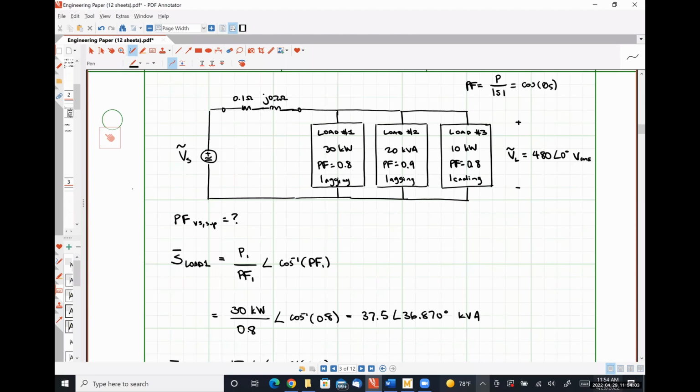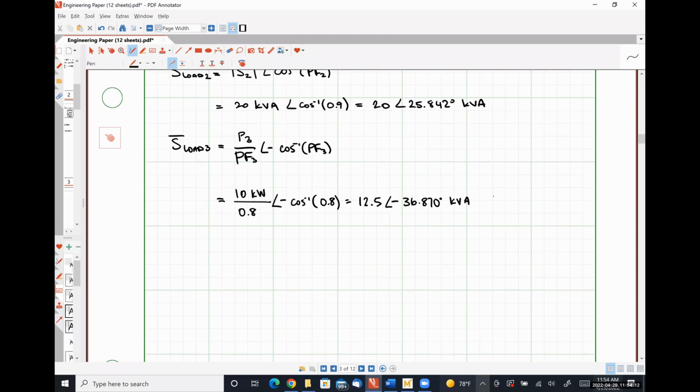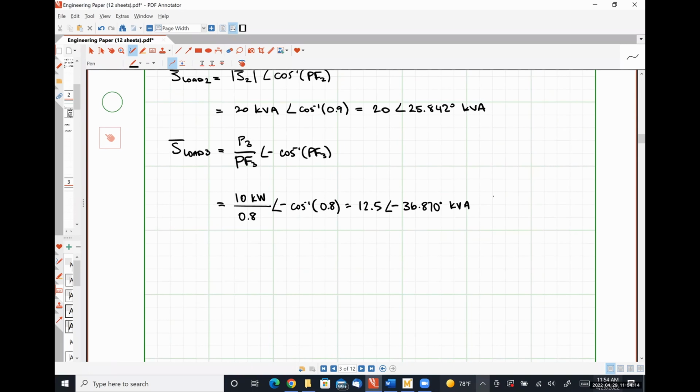Okay. So what I'm going to do is calculate S total, or S load total, I guess. S load total, which I'm going to say is simply S load 1 plus S load 2 plus S load 3.